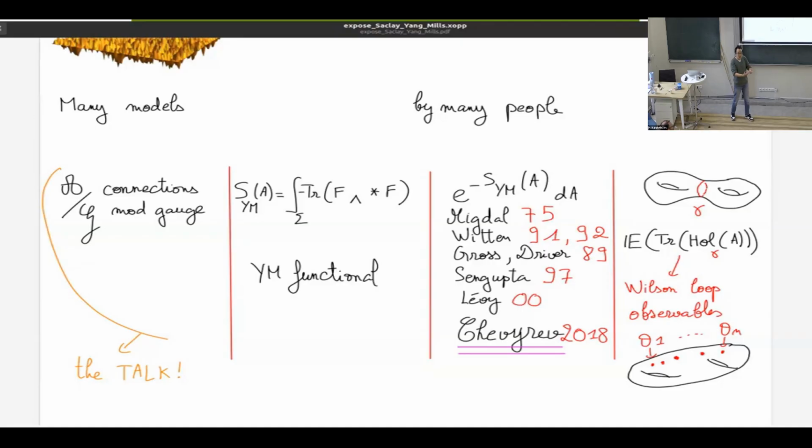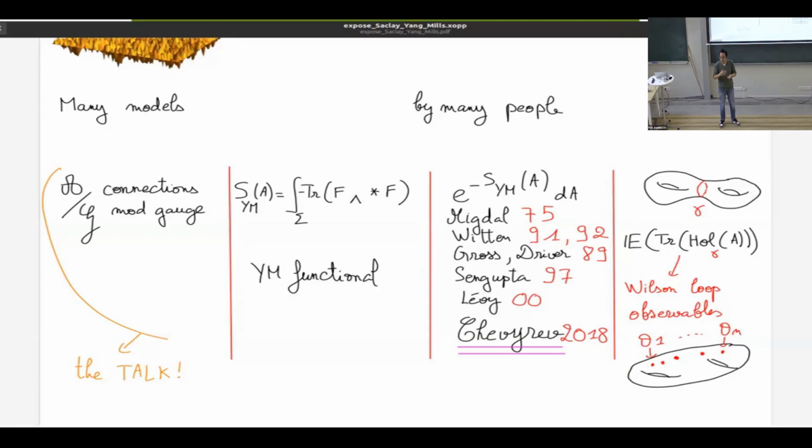So it's a machine that eats a loop and gives you a random matrix, because if you believe that the measure on the space of connections is constructed, it eats loops and gives you the holonomy of the random connection along the loop. So it's a random matrix. This construction was the product of the work of these authors.